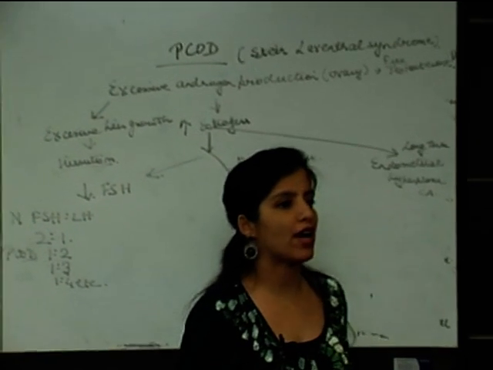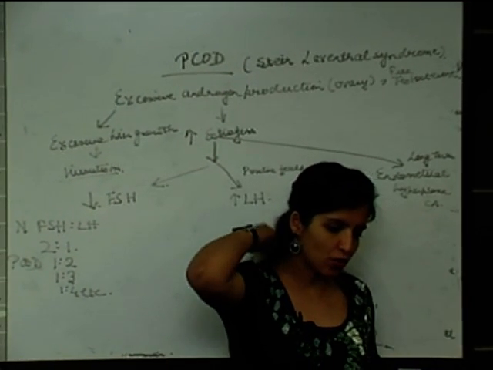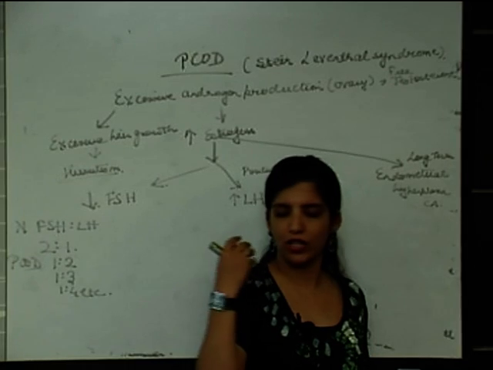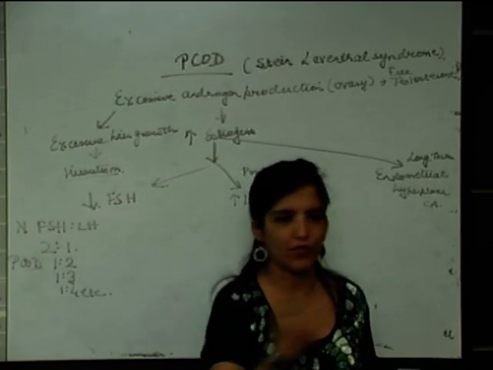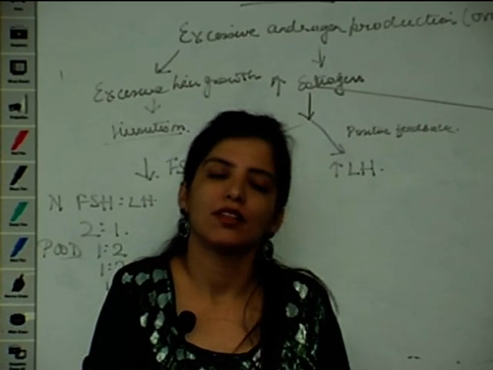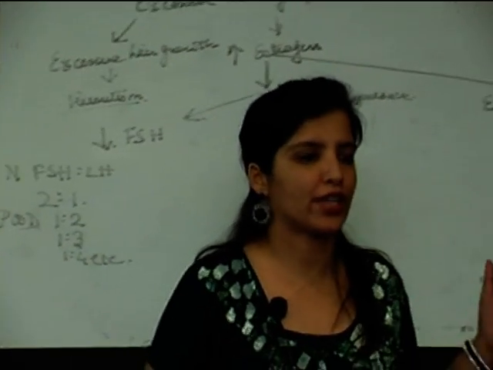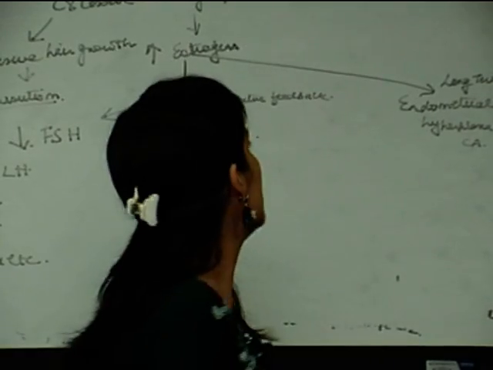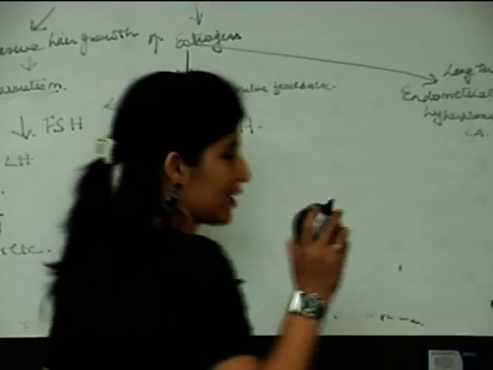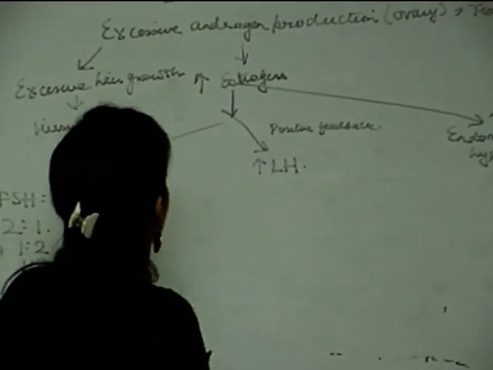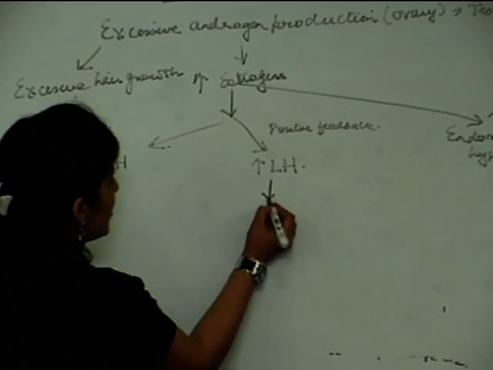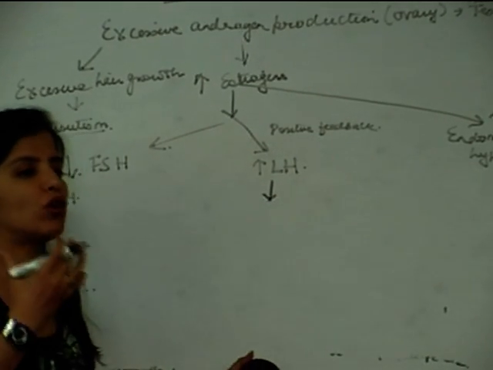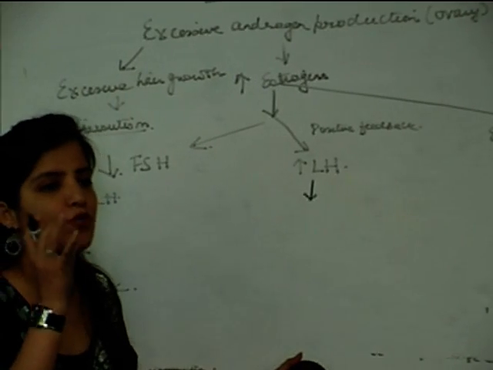The question which they ask here is that the sample for LH and FSH for the diagnosis of PCOD should be withdrawn on the second or the third day of the menstrual cycle. That is a very important question. Now, in a normal menstrual cycle, what is the cause for ovulation? The cause for ovulation is the LH surge.